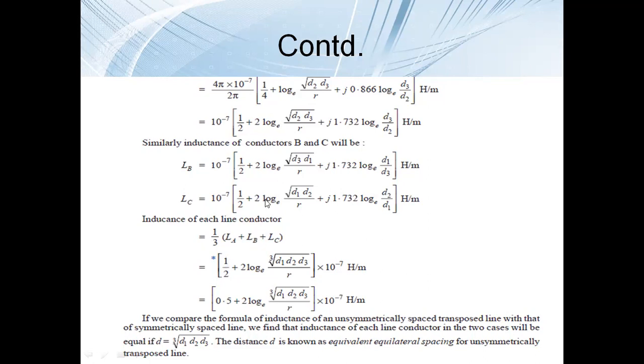If you sum up these three, this particular term will be 3 by 2, and 10 to the power minus 7 will be common. Now here you see this is D3 by D2.